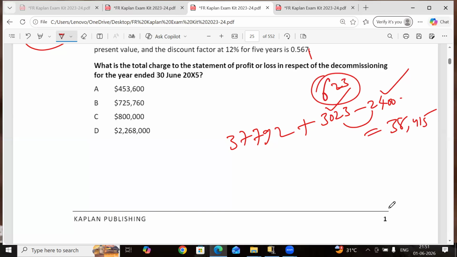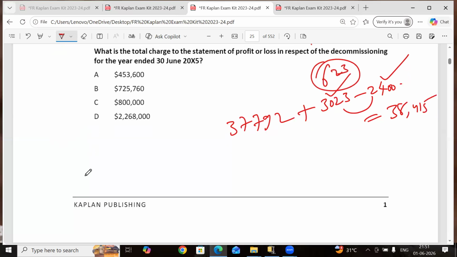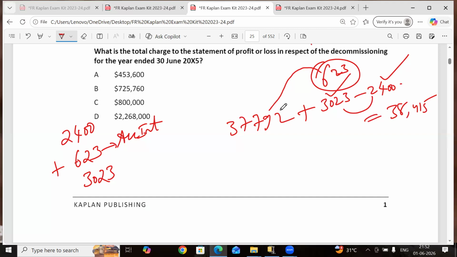So what I mean to say is, 3,023 is the interest expense and 2,400 is the interest paid. So how much is still to be paid? 623. So this is your accrued interest, and this we added. This accrued interest is also a liability. So already the convertible loan notes are a liability for the company, and the accrued interest, the outstanding interest, is also a liability. The whole amount comes to 38,415. Clear?